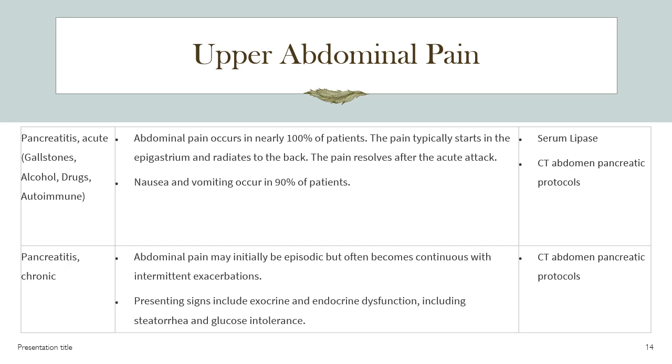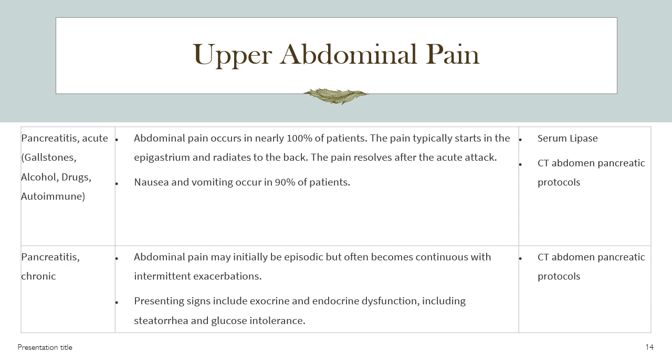Patients sometimes tell you that the pain is knife-like and tearing from front to back, and the patient also has nausea and vomiting. The patient is unable to tolerate any oral intake. So send serum lipase and proceed with CT abdomen pancreatic protocol in that patient.